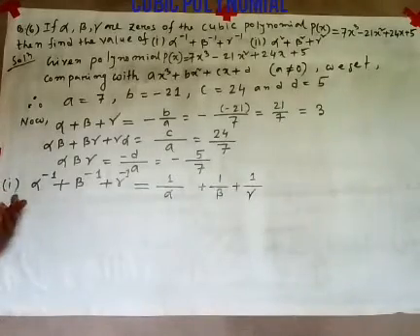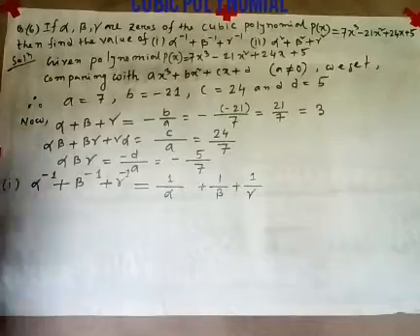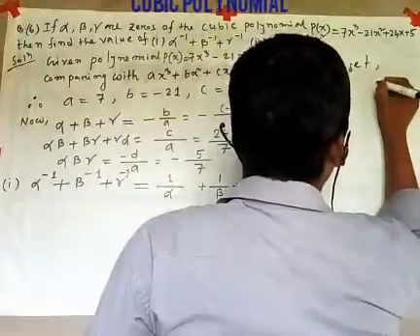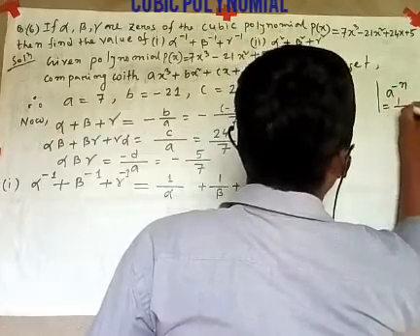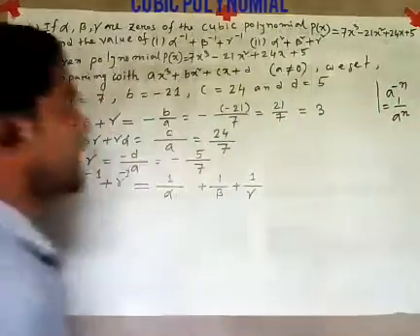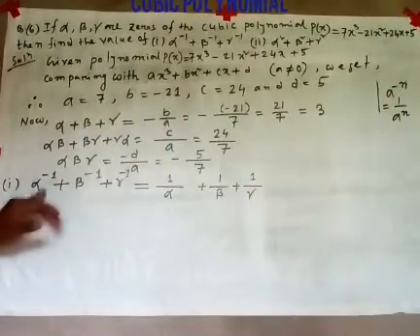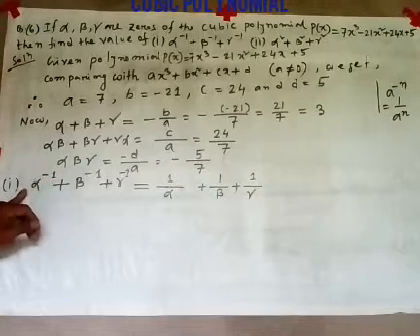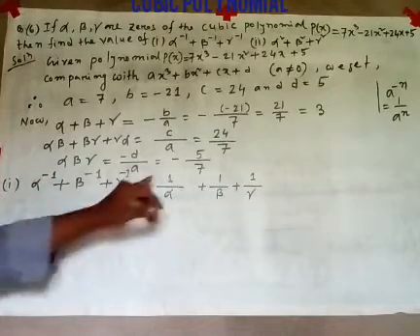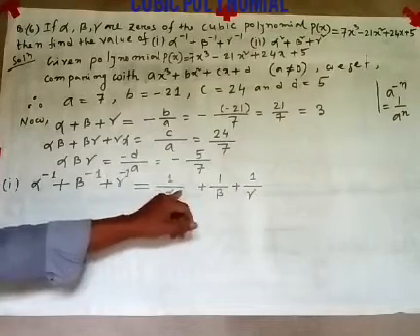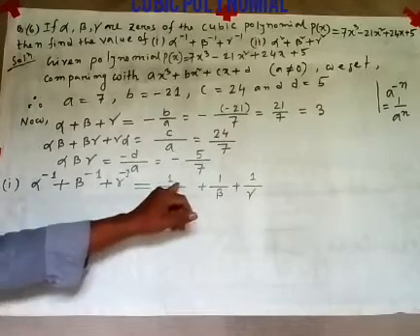So from where is 1 by alpha, 1 by beta, 1 by gamma coming? We learned last time, from the 6, 7, 8 formula, a to the power minus n equals 1 by a to the power n. Similarly, here n value is 1. So 1 divided by alpha to the power 1.